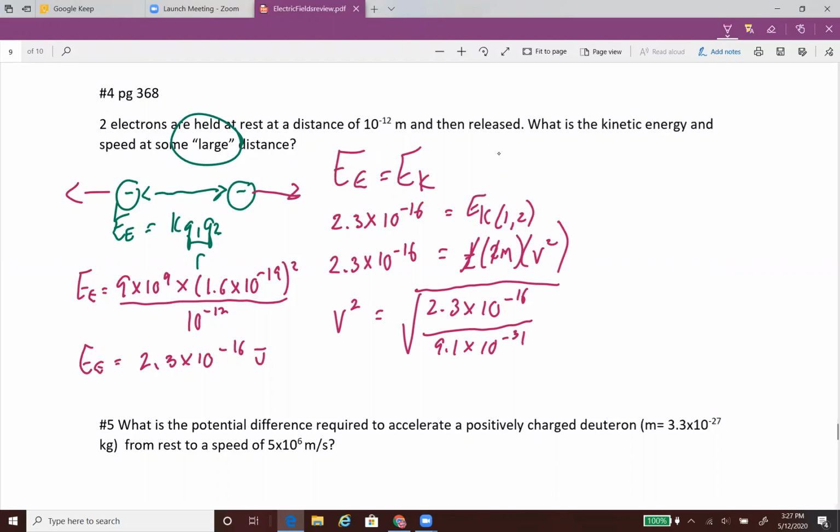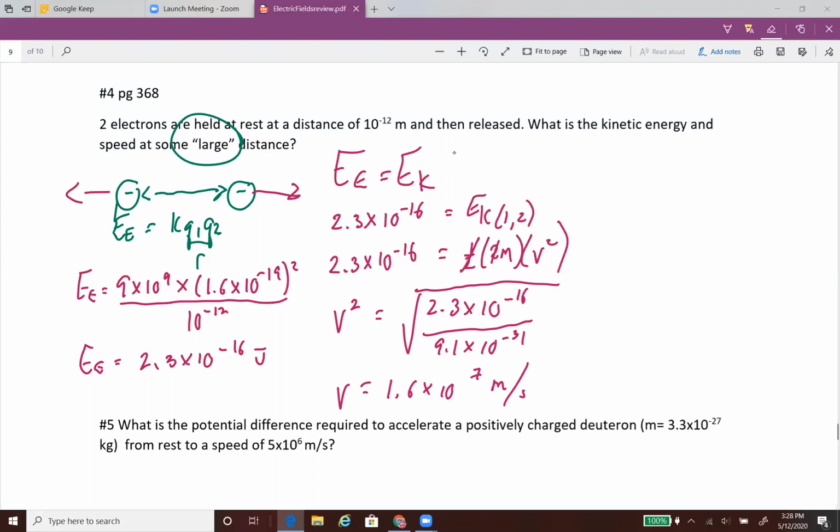So then that would give you a speed of approximately 1.6 times 10 to the 7 meters per second. Okay. All right.